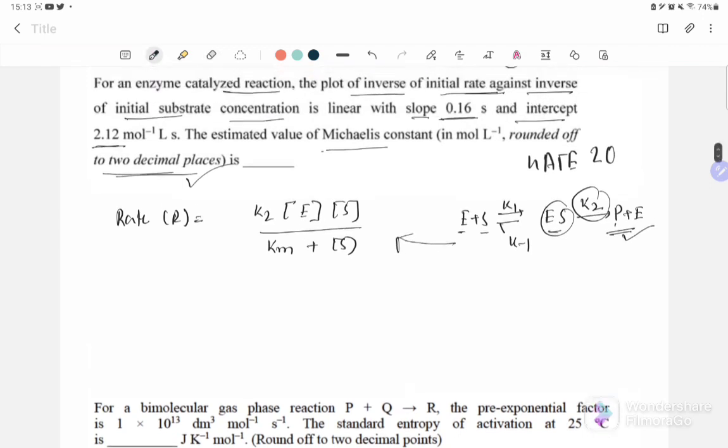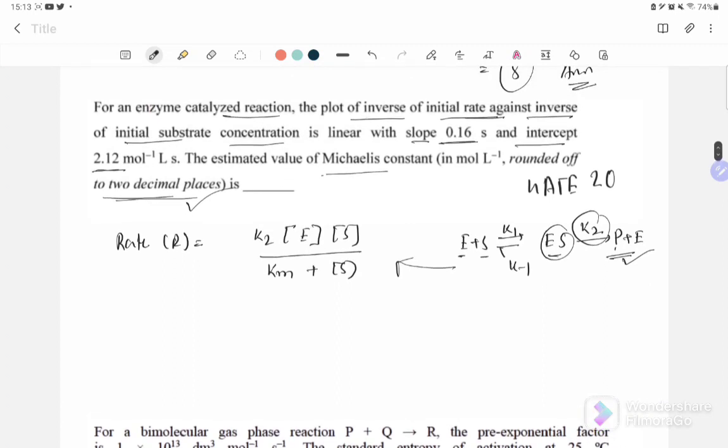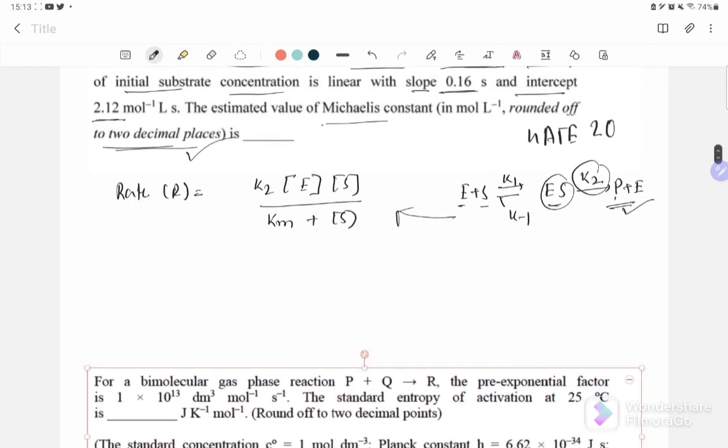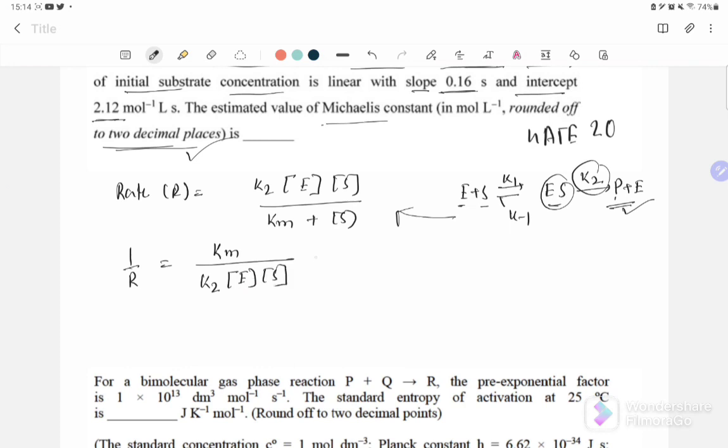They asked about the plot of inverse of initial rate. So 1 by R is equal to Km by K2 E S plus 1 by K2 E, where E is the concentration of enzyme.